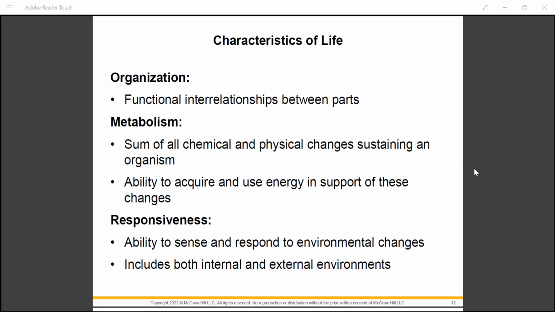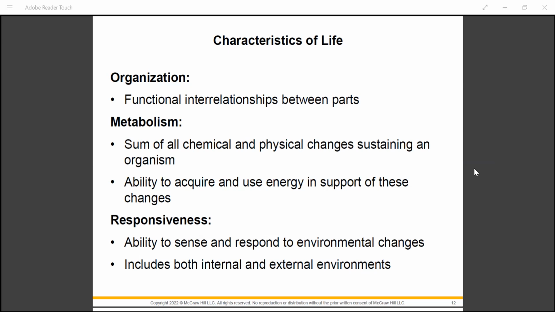So these parts interact to perform specific functions. Living things are very organized. And so our cellular function all the way up to our organ system function is dependent on our cells and on everything being extremely organized.